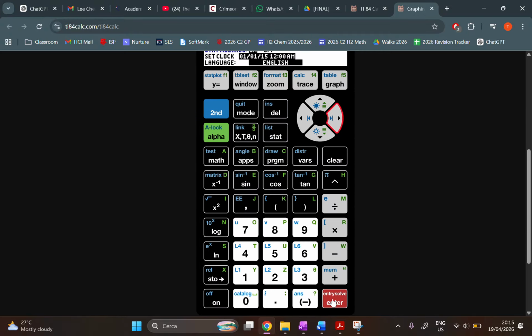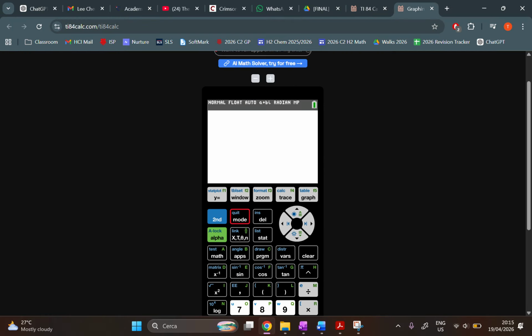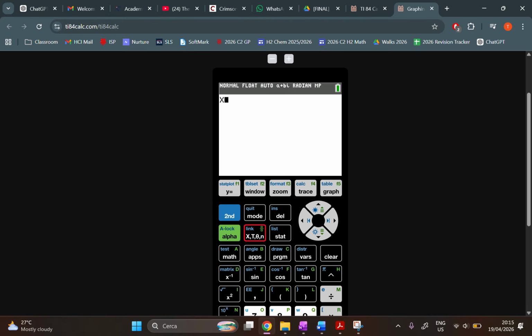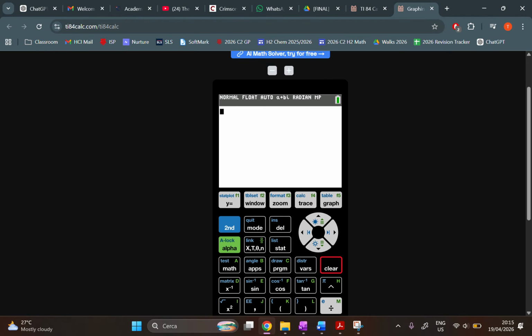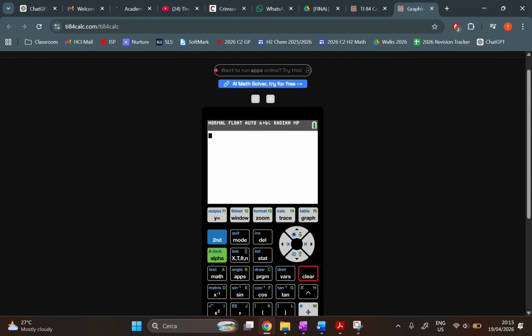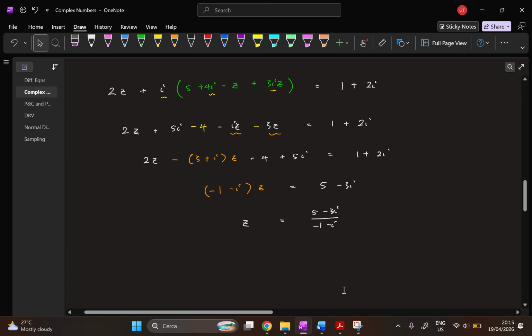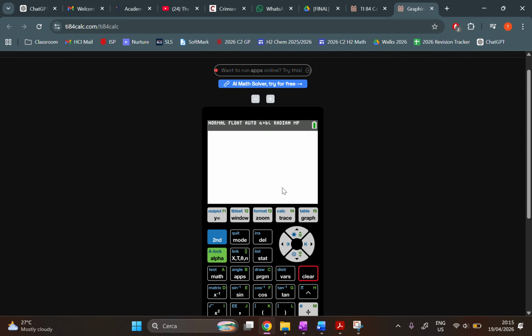I'm going to select this, and that will change it to complex. So I just check on top. Here it says a plus bi, and if I key in, I should be able to get i lah. So basically, if I want to evaluate this particular fraction, 5 minus 3i over minus 1 minus i, I'm going to try to key that in now.